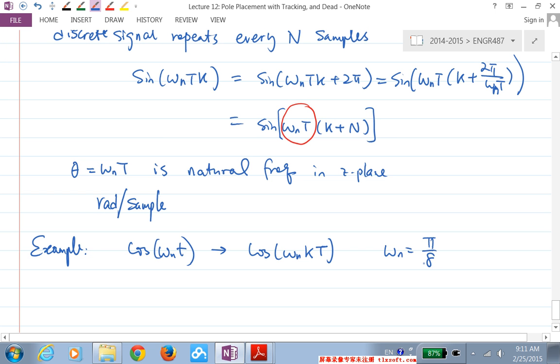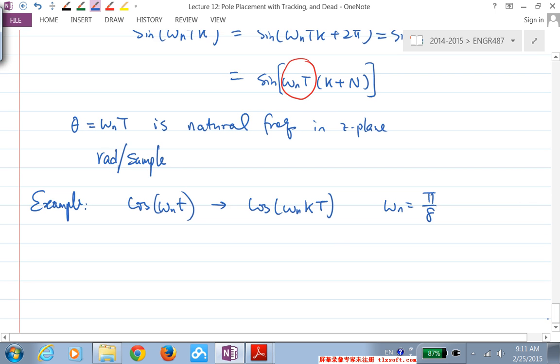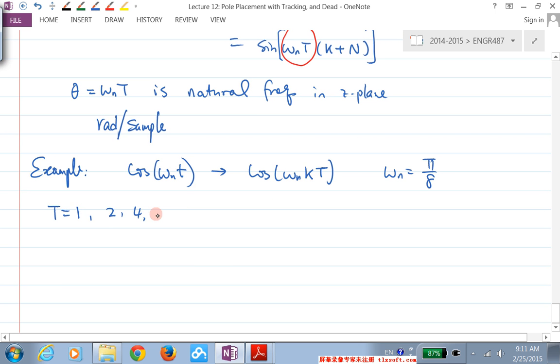We'll sample at different sampling times: T equal to 1, 2, 4, and 8. When T equals 1, we get cosine of pi over 8 k. When T equals 2, cosine of pi over 4 k. When T equals 4, cosine of pi over 2 k.